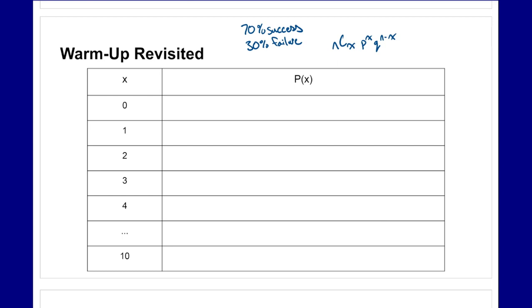So for 0 people, I have 10 choose 0 multiplied by the probability of success, 0.7, raised to the power of 0, because it's not successful on anyone, times 0.3, which is the probability of failure, raised to the power of 10, because there are 10 people and it fails on all of them. In this case, it works out to 0.00059%.